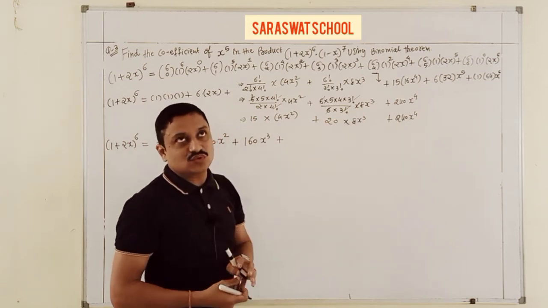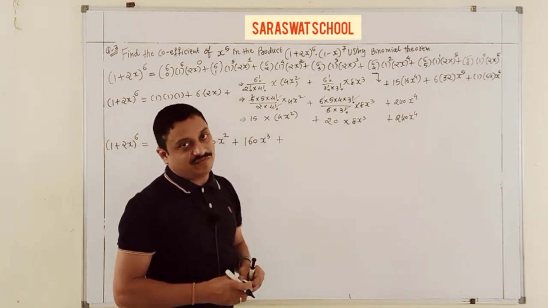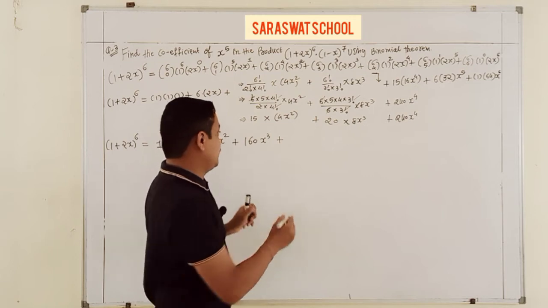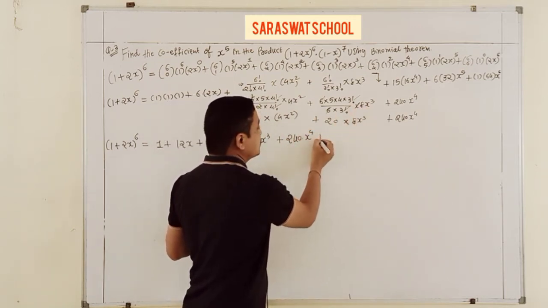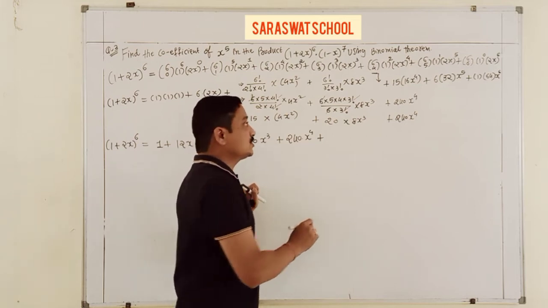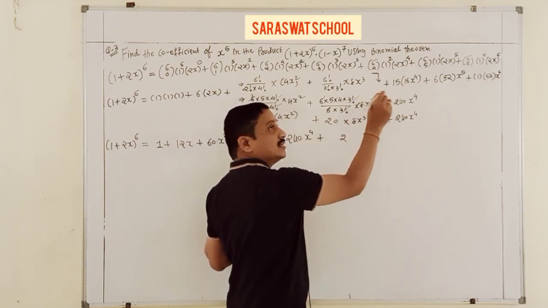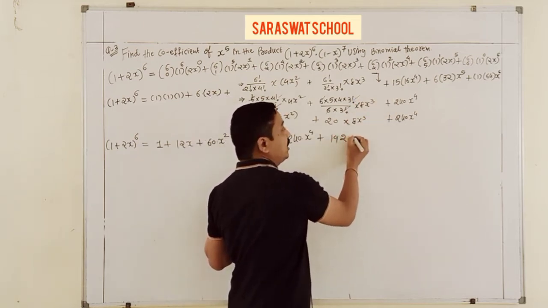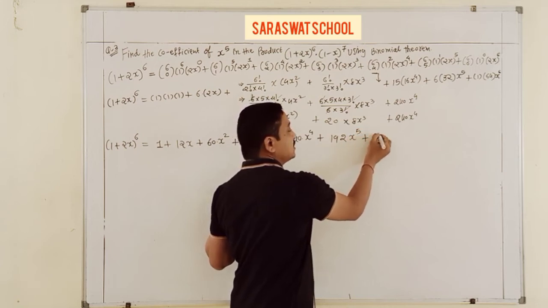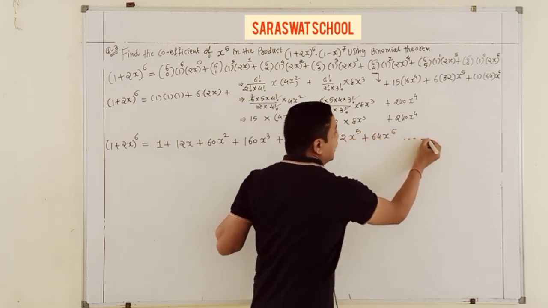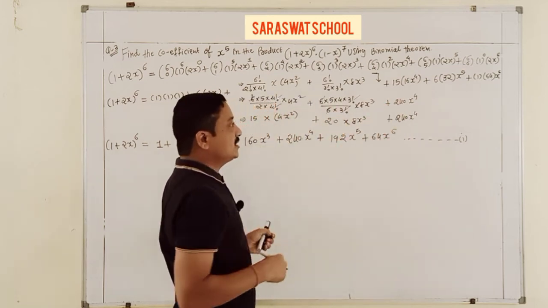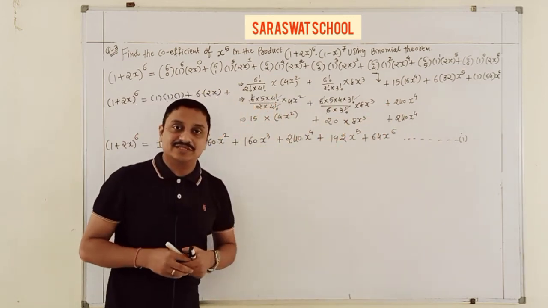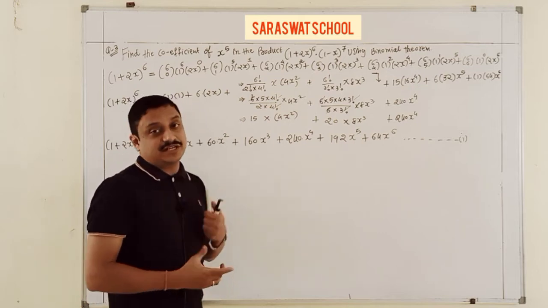Yes, 15, 15, 2 to 5, 2 to 5 and 15. Yes, 240. Correct then, x raised to 4. Next 32 into 6: 6 times 2 is 12, 1 carry, 6 times 3 is 18 and 19, 192x raised to 5 and 64x raised to 6. That I am taking as statement number 1. Yes, students, here our first equation is done.